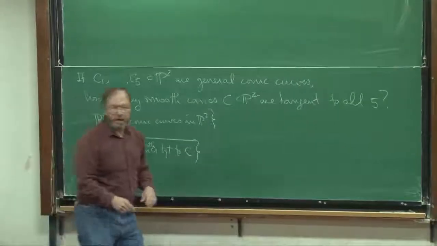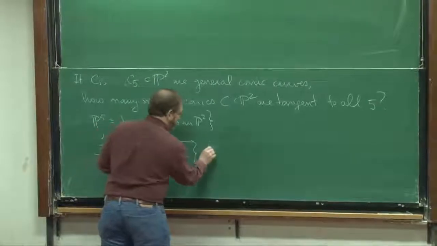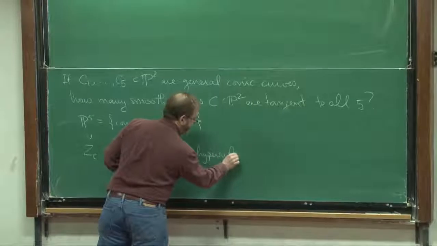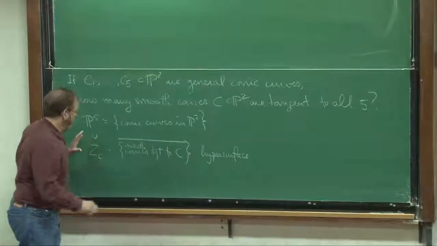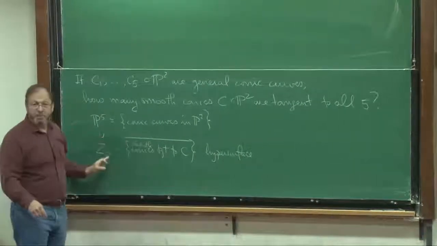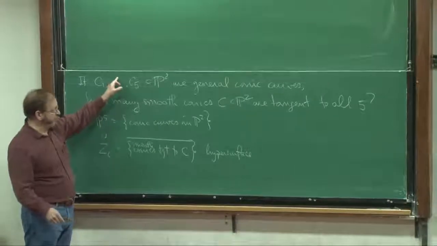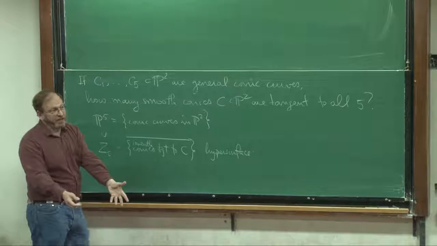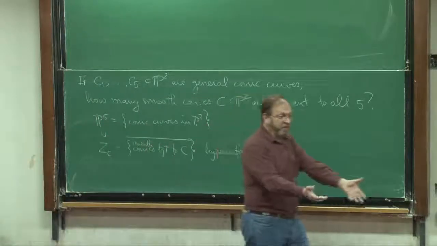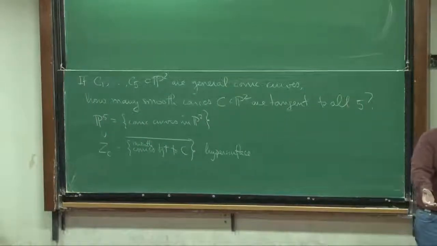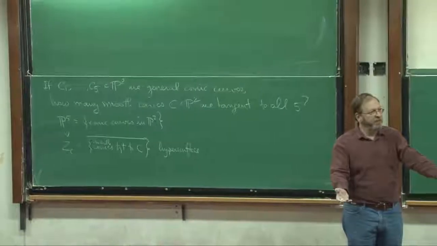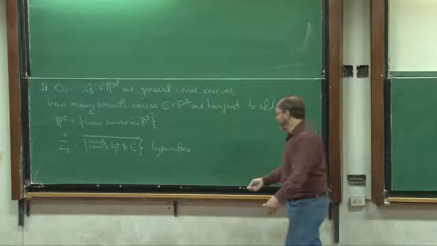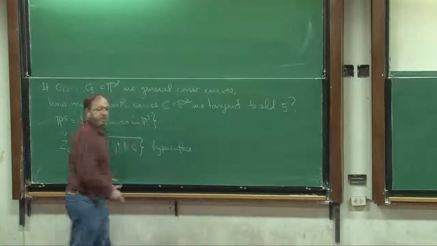In any case, this is a hypersurface. And we're simply asking, if I take 5 such hypersurfaces corresponding to 5 general conics, how many points do they intersect in? As an intersection theory problem, that seems pretty trivial. You're intersecting 5 hypersurfaces in P5. Bezout tells you the answer once you know the degree of these hypersurfaces.